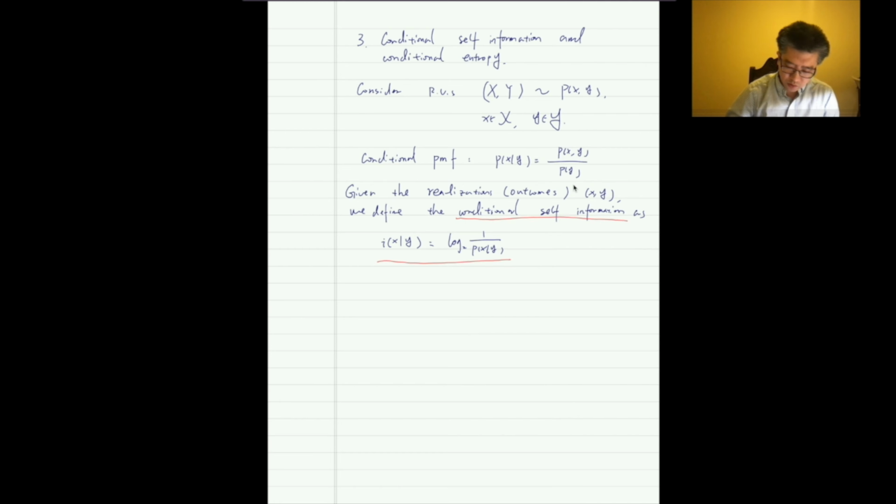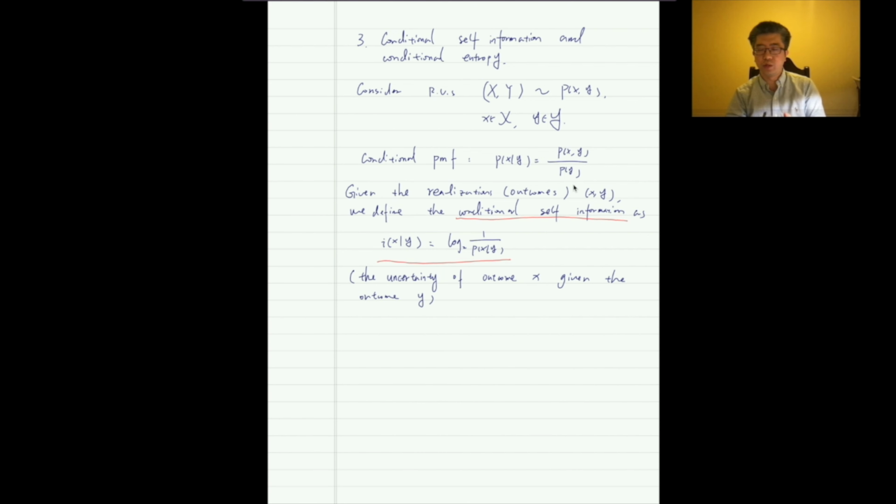As we said before, the meaning of it is nothing but the uncertainty of the outcome x given the outcome y.